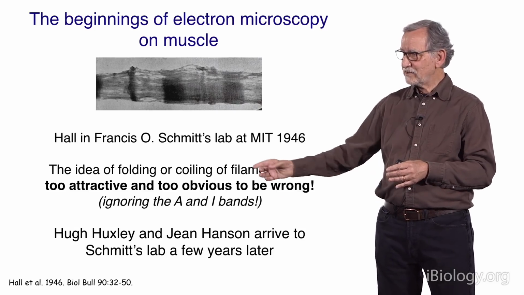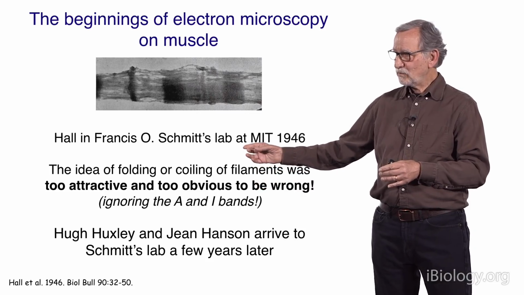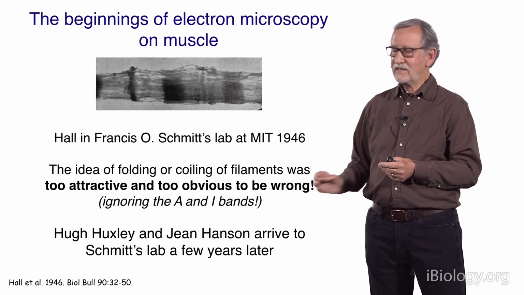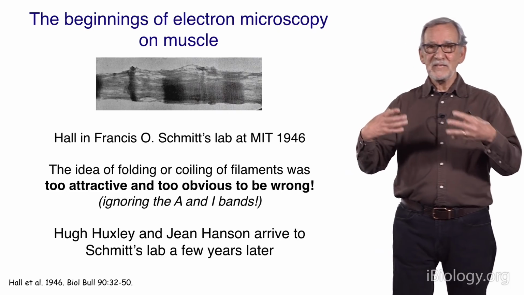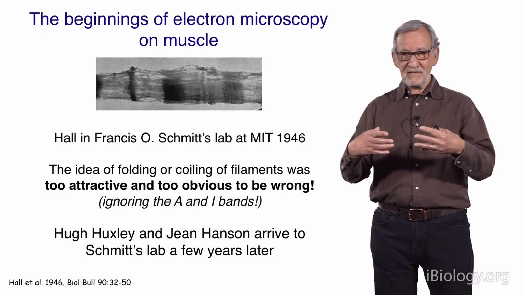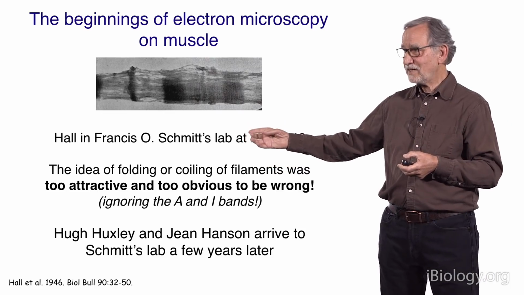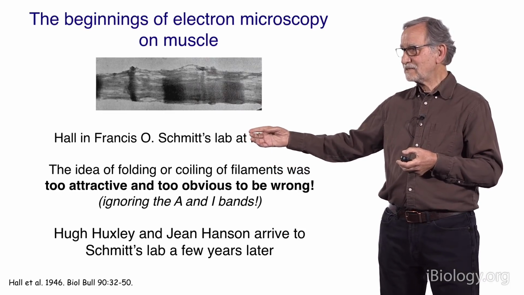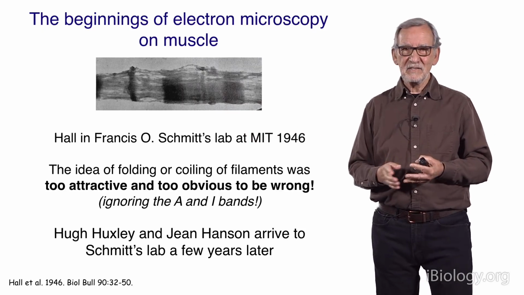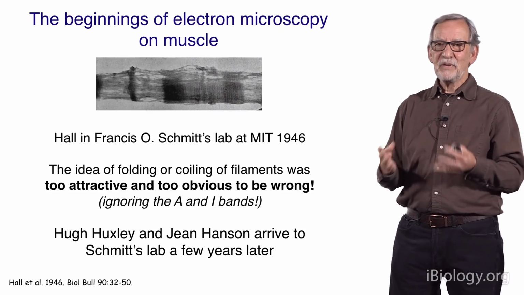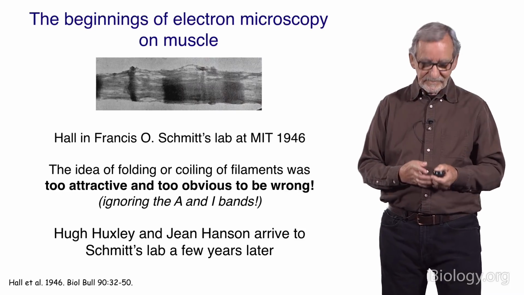But now he wanted to learn this new technique, and so he and Gene Hansen went to MIT and worked in Schmidt's lab, and in their experiments, they began to come up with the idea of these overlapping sets of filaments that might be sliding, okay? And in fact, Schmidt himself didn't believe this because the idea of folding or coiling of filaments was so attractive and so obvious, it couldn't possibly be wrong, okay? Ignoring the A and I bands.